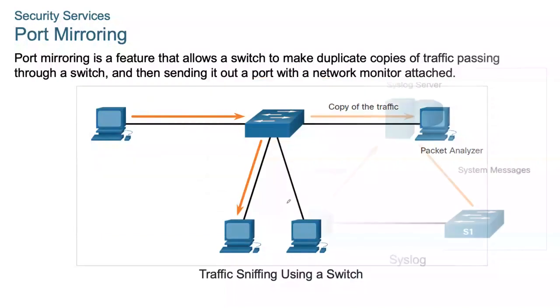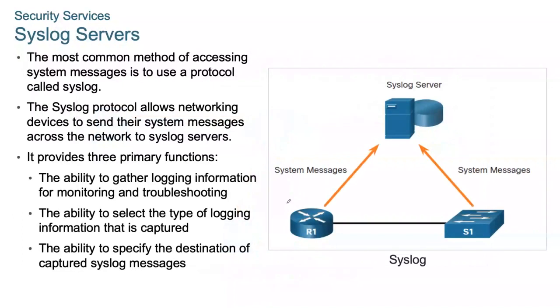So another security service is your Syslog servers, which are basically used to maintain the logging information, as we said. These Syslog servers use the Syslog protocol to communicate with each other. The network devices can communicate with the Syslog server by using the Syslog protocol.